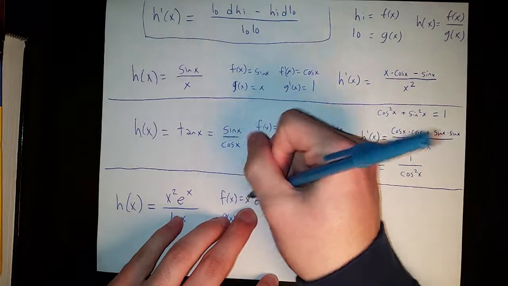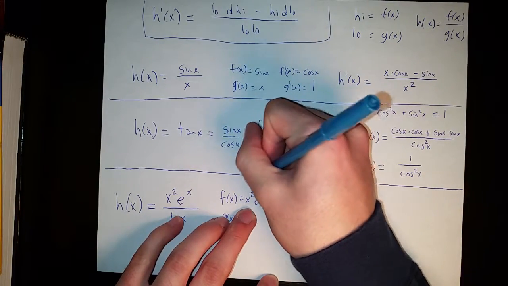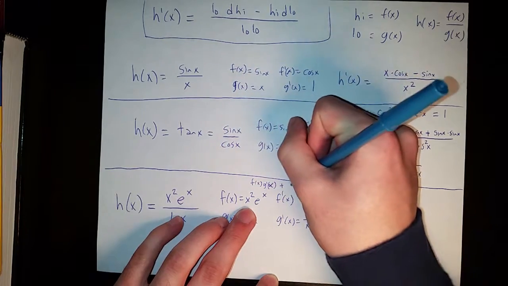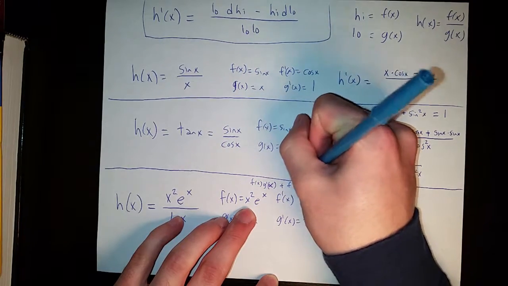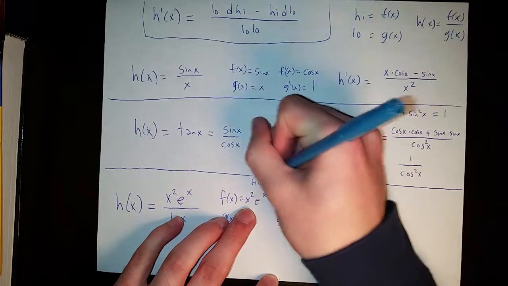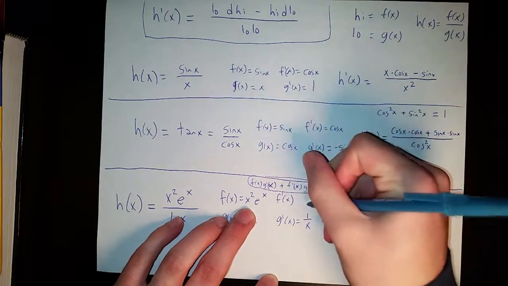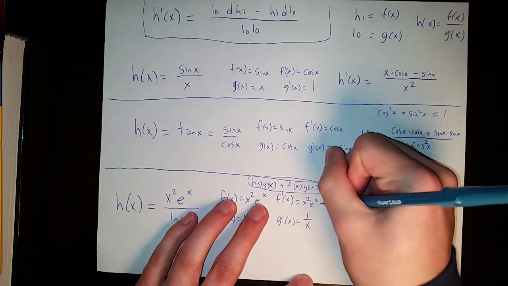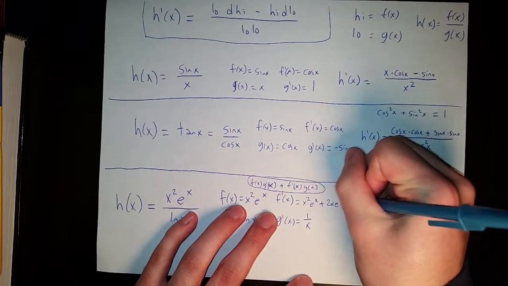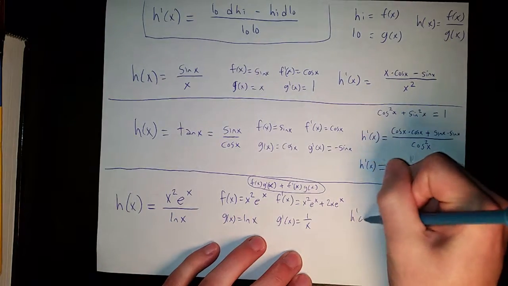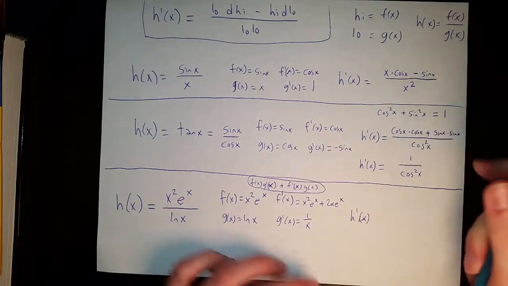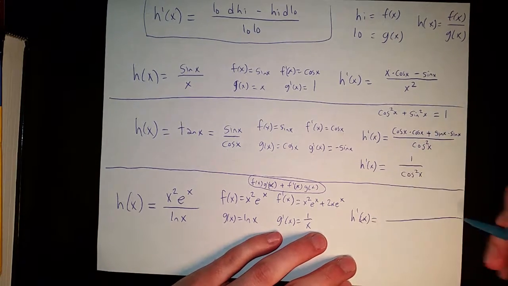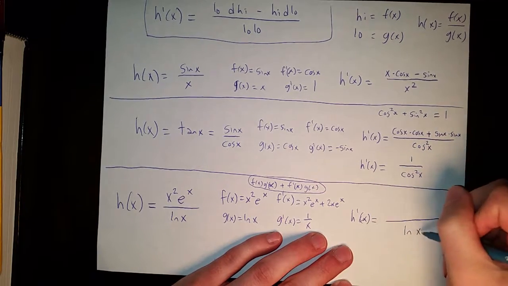So let's do it. Remember, it's the first one times the derivative of the second plus the derivative of the first times the second. Perfect. Then low d high minus high d low divided by low squared.